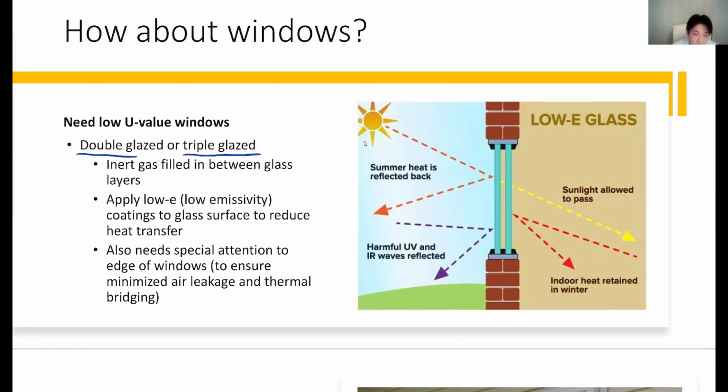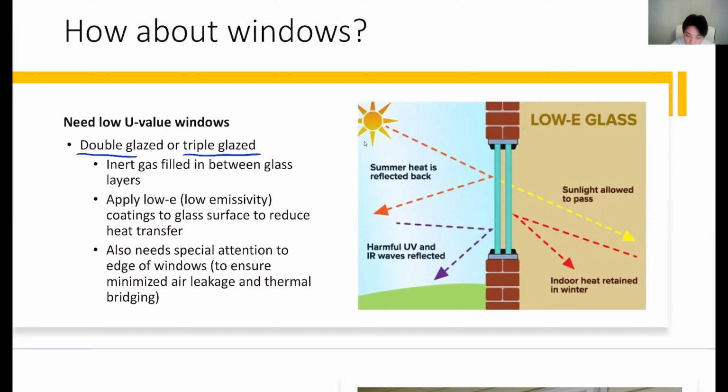So, in the case of triple glazed windows, you can place two layers of air or inert gas in between these glass panels, which is going to make the windows even more thermally capable, right? Air is a really good insulator, and we don't want that gap to be very large.